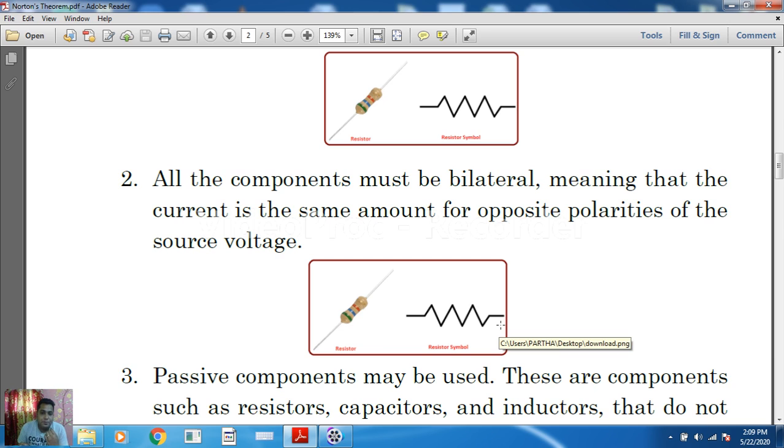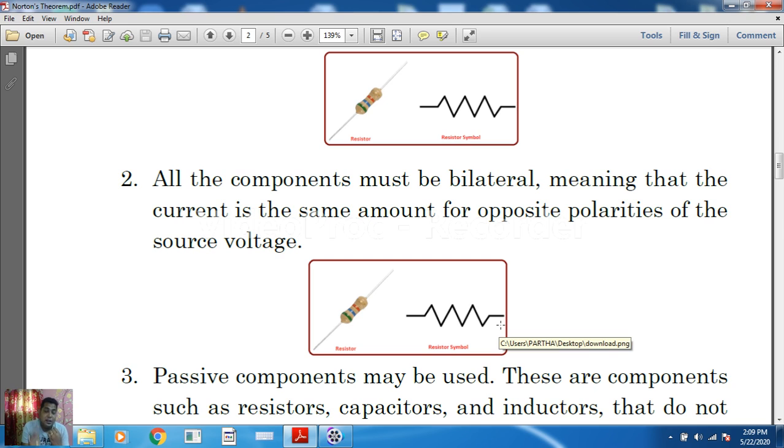So the point is, if we connect the source on the left hand side or right hand side, the current will flow either from left to right or right to left. So an element through which current can flow in both directions, and due to that, if the property of that element is not changing, then it is a bilateral element.